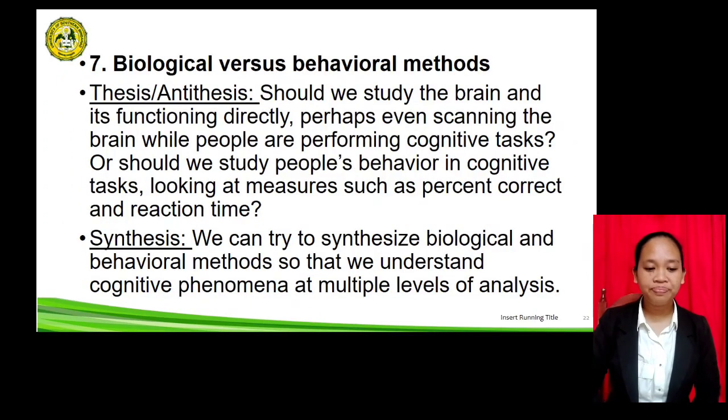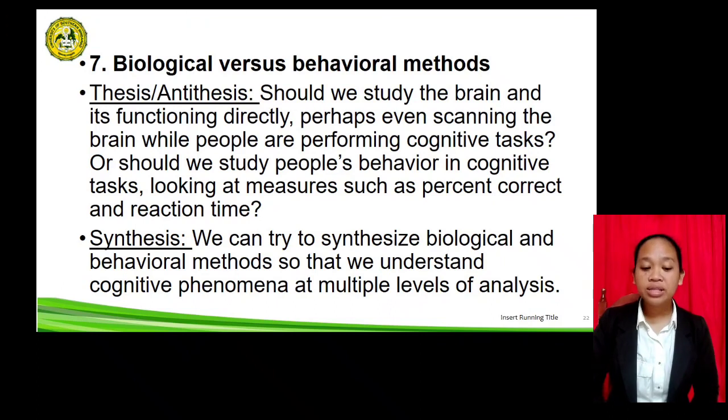7, and the last one, biological versus behavioral methods. So the biological approach assumes that all behavior is driven by genetics and the person's biological or chemical composition, while behavioral approach assumes that our behavior is a product of our interaction with the environment. So, thesis and antithesis.